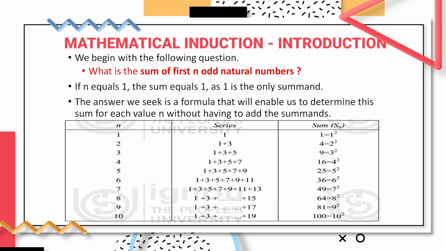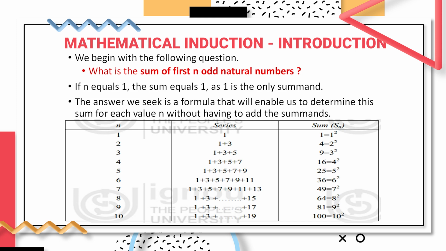Now, let's begin with an example: we want to find the sum of the first n odd natural numbers. Now, 1 is an odd natural number, so the sum for one term will be 1 only. The second odd number is 3.